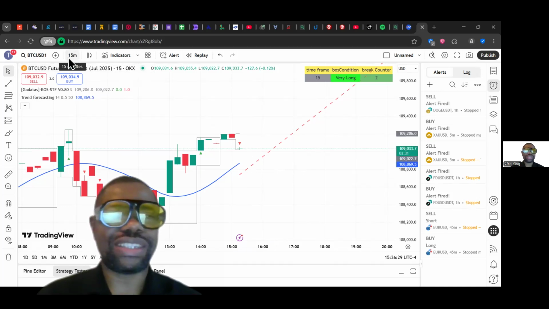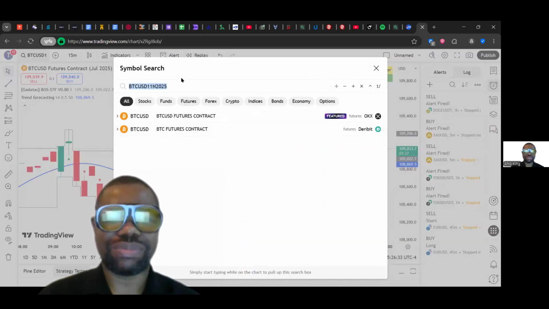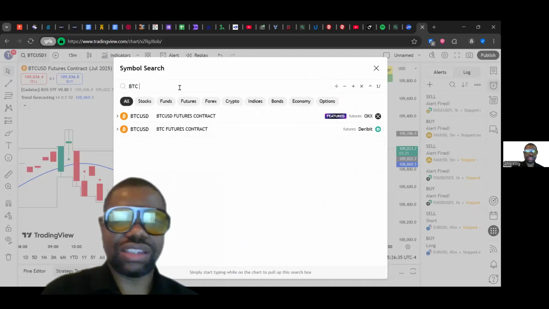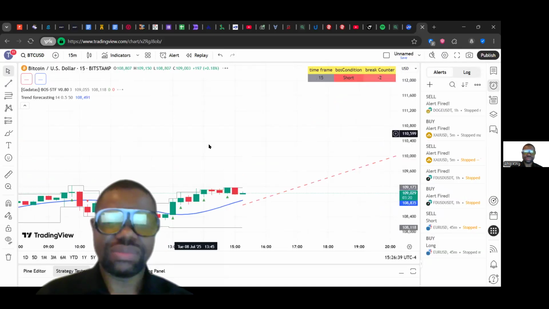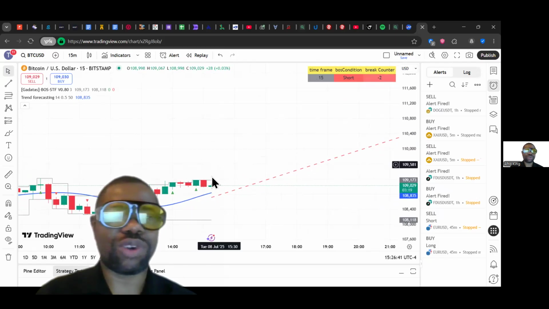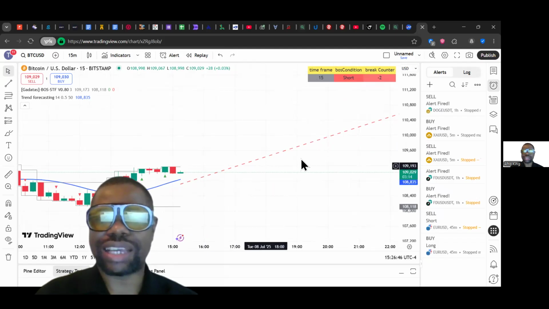So if you see what is here now, BTC USD, it's forecasted that BTC will go as high as 110.